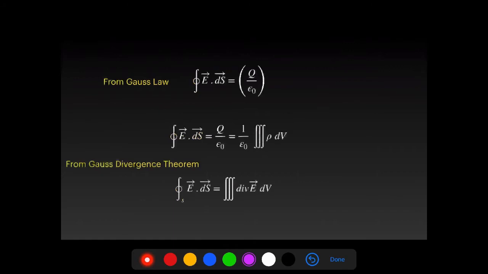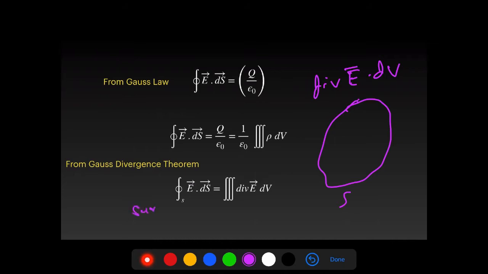So from the Gauss divergence theorem, which you would have recapped in vector calculus, we know that for any closed surface, the surface integral is equal to the volume integral of divergence of the vector E bar dv.